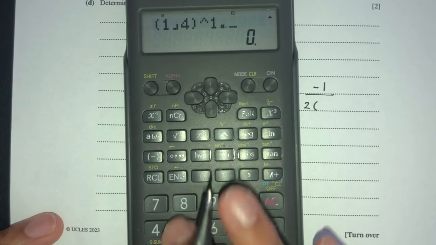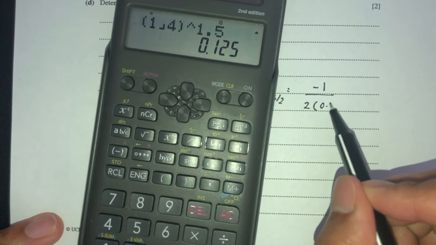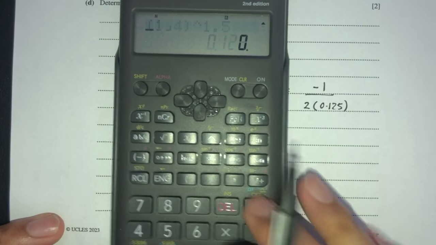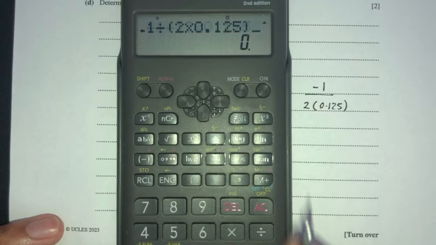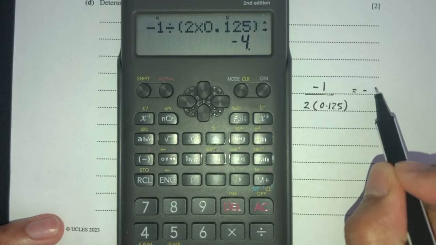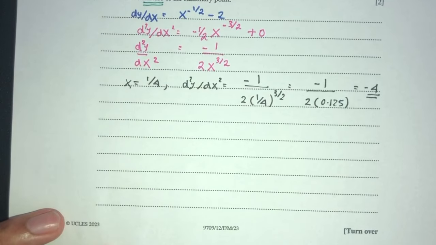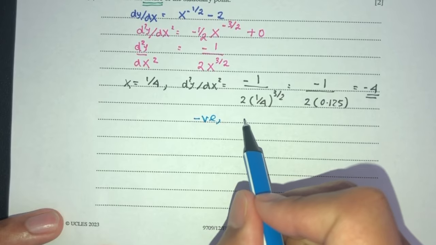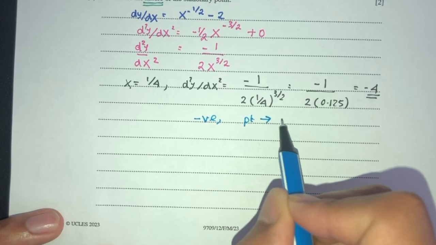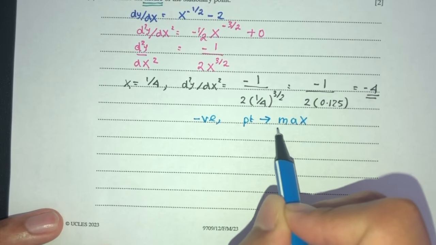This is 1 over 4 power 1.5, that should be 0.125. So minus 1 divided by 2 times 0.125, that will be the value of minus 4 for d2y by dx2. Now, we don't care about the value, we care about the sign. The sign is negative, so we confirm the point will be a maximum point because it's negative.